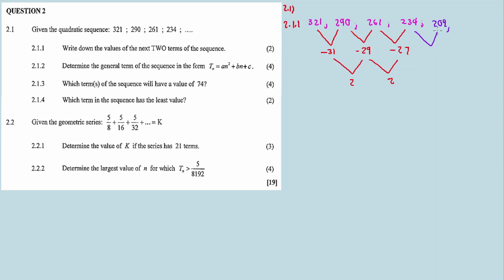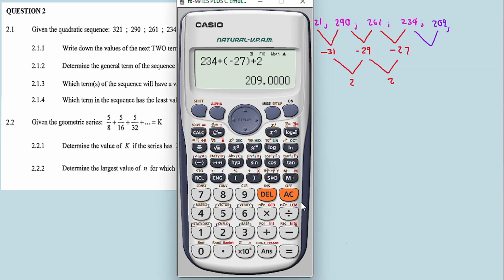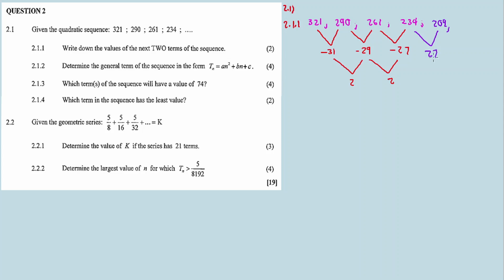So sizodinga the difference la again. So kuzoba minus 25. Oh yeah, so yes, minus 25. The second difference is a common difference, so 2.